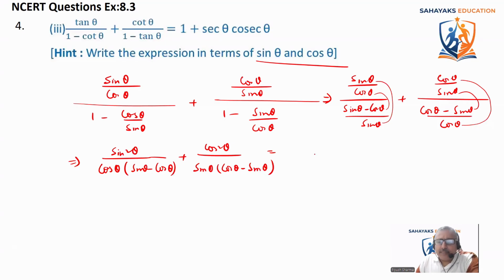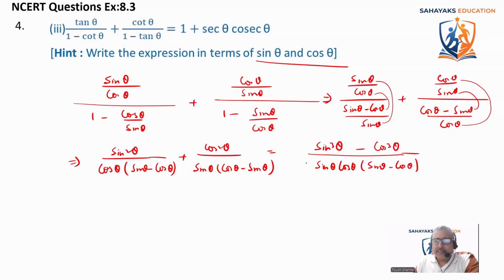Okay. Now we'll take the LCM of it. The denominator becomes sine theta cos theta, and we'll take sine theta minus cos theta as LCM. So here it becomes sine cube theta, and because we have changed the sign, it becomes cos cube theta.